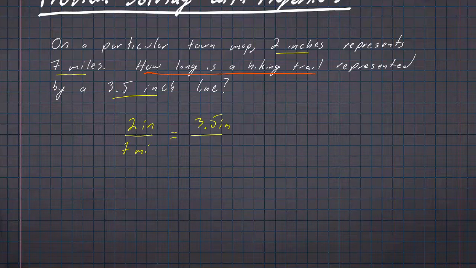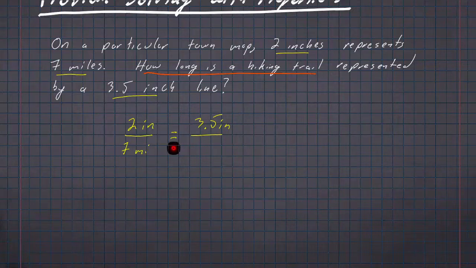That leaves me one more space. And I look back at the problem and I identify what is it that we're trying to solve for. We're asking how long is the hiking trail? Well, the hiking trail is a measurement in the real world. 7 miles is a measurement in the real world. And the 3.5 inches is the depiction of the hiking trail.